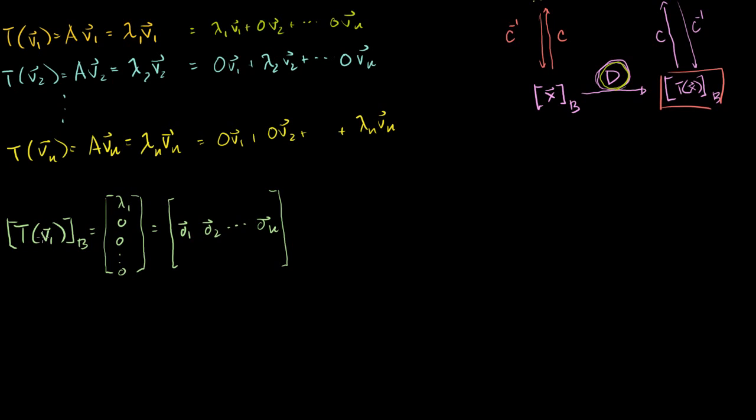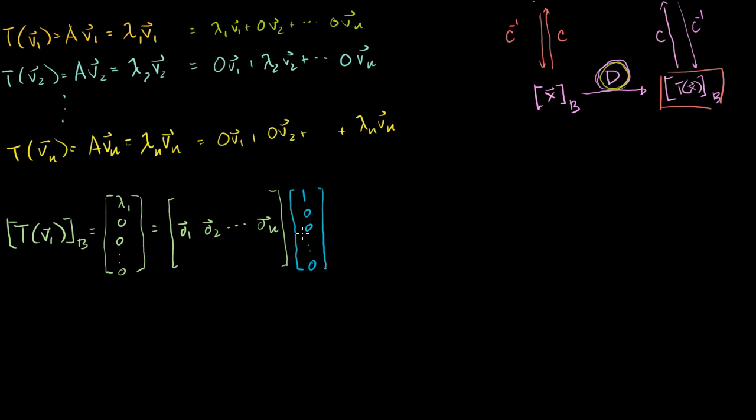But what is our B representation of the vector v1? Well, v1 is just 1 times v1 plus 0 times v2 plus 0 times v3 all the way to 0 times vn. v1 is a basis vector, so it's just 1 times itself plus 0 times everything else. So this is its representation in the B coordinate system.